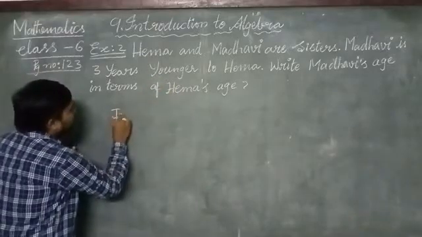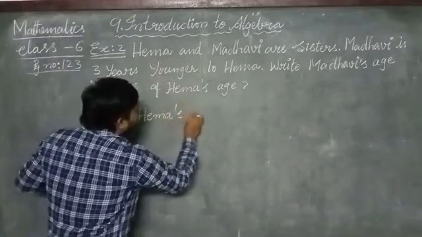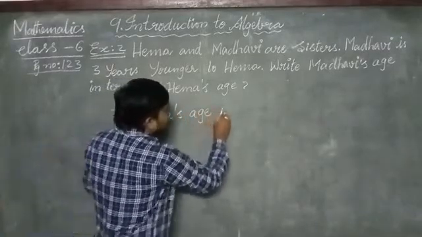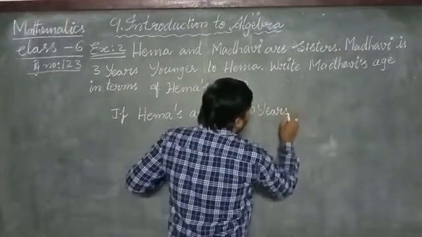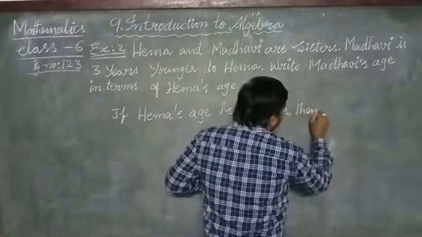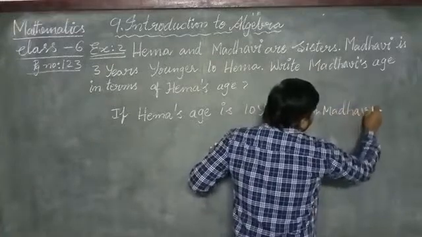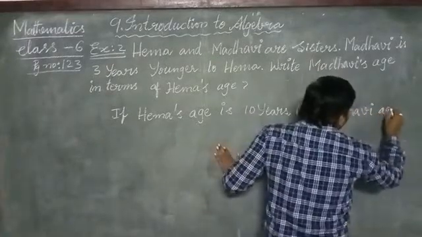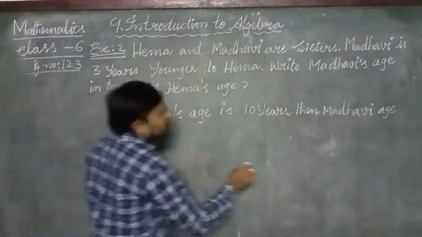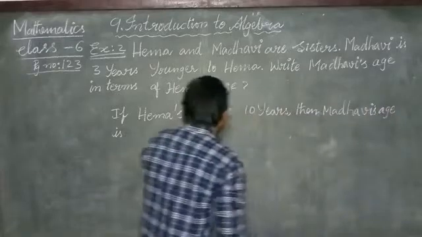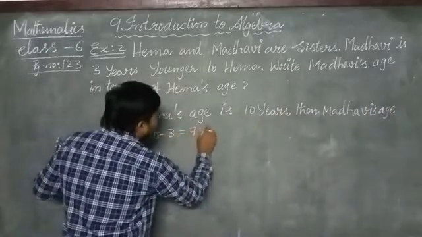Okay. Now if Hema's age is 10 years, then Madhavi's age is 10 minus 3 equal to 7 years.